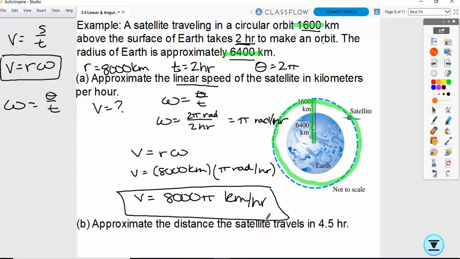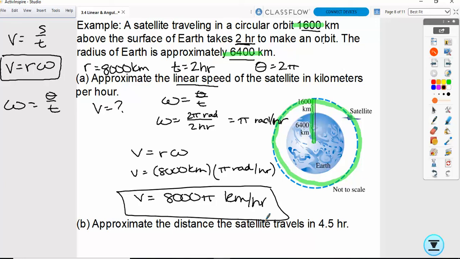Again, you don't have to write the units within your problem. I was just doing that to illustrate how I get the units for my final answer. So sometimes we may have to use more than one formula in our problem. Are we okay with that one?